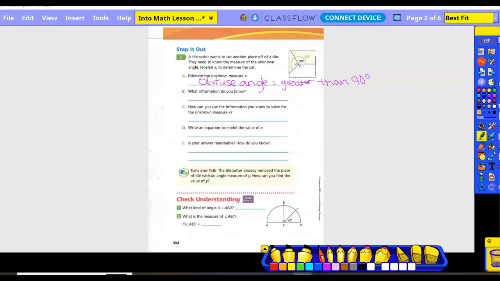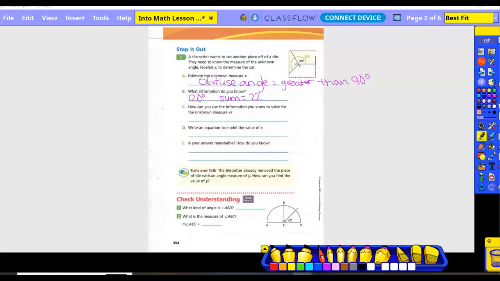Okay, what information do we know? So we know that what? X is obtuse. Well, we know that one of the angles measures what? 120 degrees. And then the sum of all the angles equals 225.